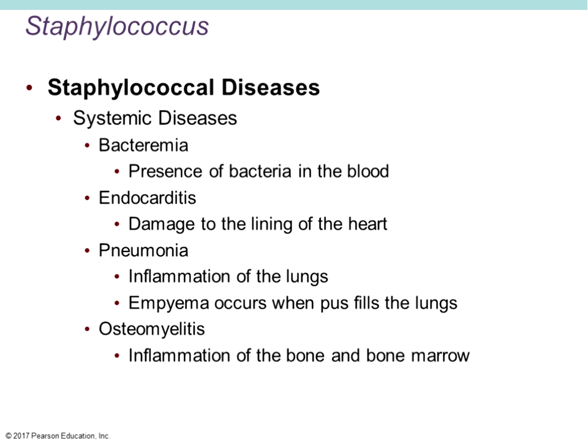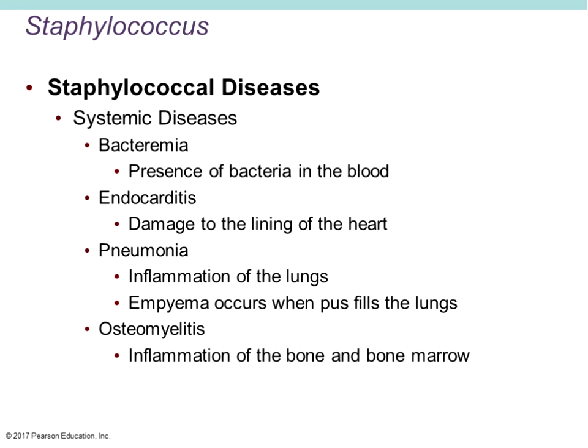Other streptococcal diseases can cause bacteremia, which is the presence of bacteria in the blood. After staphylococci enter the blood from the site of an infection, they can go to other organs that become infected. Furuncles, vaginal infections, infected surgical wounds, and contaminated medical devices such as catheters have all been implicated in cases of bacteremia.